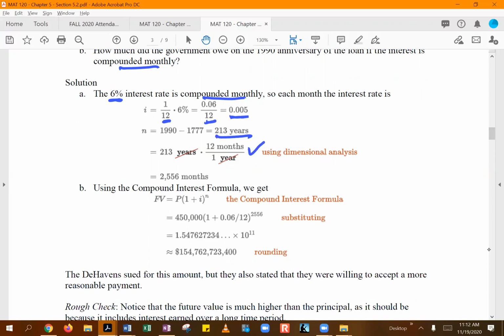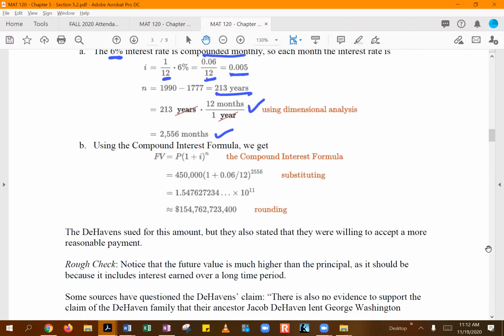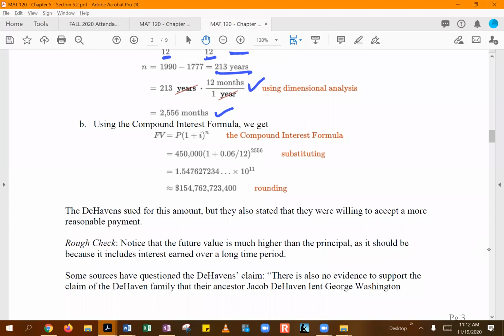So 213 multiplied by 12 will give us a total of 2,556 months. So at a 0.005 interest rate for 2,556 months, how much money do you think the government would owe this DeHaven family?